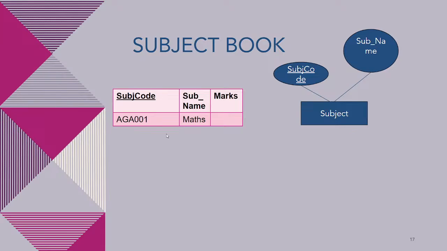Then the subject name. We will discuss the purpose of subject marks later. For now, please consider that these two columns are there: subject code and subject name.